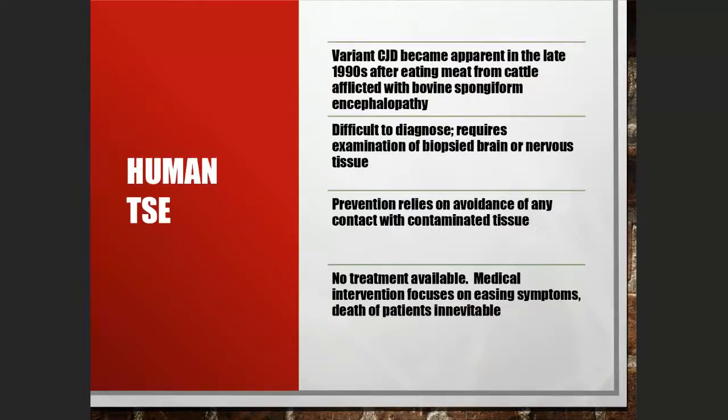Okay, the prevention. The main prevention is avoidance. Avoidance to eat or to have contact with the contaminated tissue, mostly brain. Okay, animal brain.